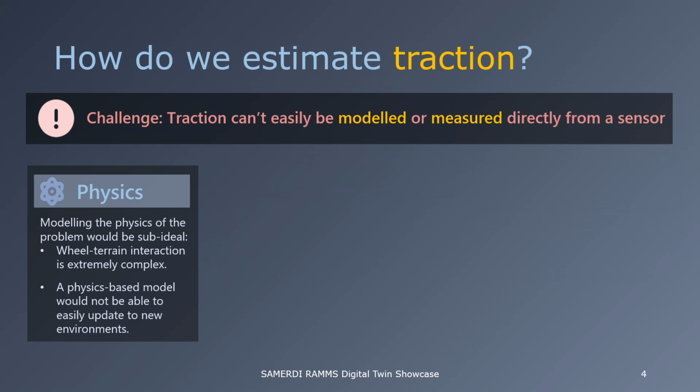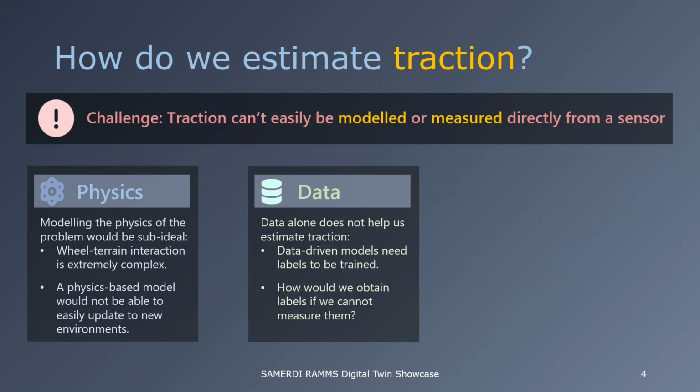So firstly, we can look at physics-based modeling. As I mentioned, the wheel-terrain interaction is extremely complex, especially so for skid-steered vehicles. The drawback of a physics-based model is not only would it take a lot of time, but it may need to be so advanced to capture all the different mining environments that it's just not feasible.